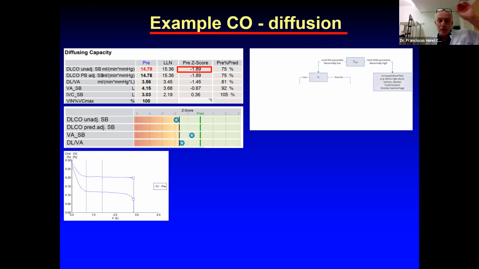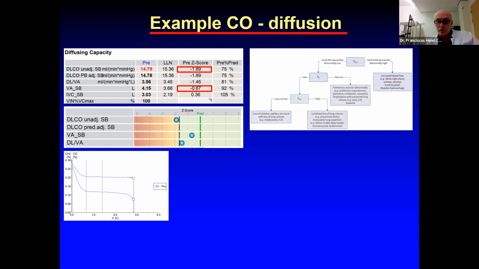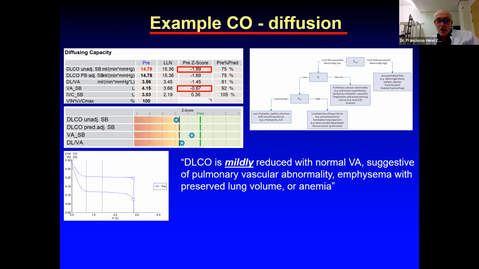So always be aware that if you use CO diffusion, we always do the finger prick and measure the hemoglobin. We adjust for that. Again, here you can see an example, and nowadays there is a nice rapid real-time analysis of the CO diffusion. You can see if your measurement is based on the right part of your measurements, and you can see where you end up. So in this case, since the DLCO is less than -1.6, we have a mildly reduced DLCO but a normal VA.